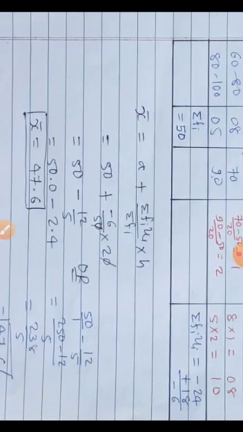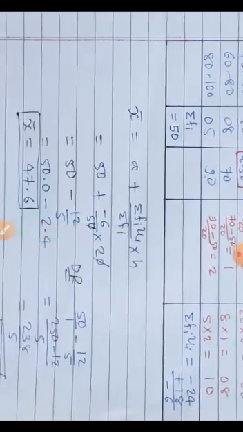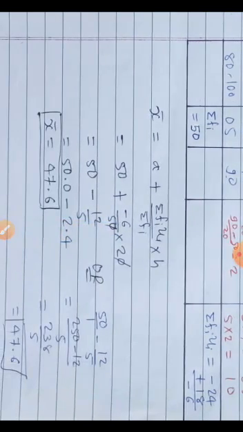Now the formula: the value of sigma fi ui and sigma fi placed in the formula. S is common, repeating only. A is new. A we supposed in the middle line, so it is 50 instead of 10. The second term is minus, so plus minus becomes minus, so in between a minus sign is there.